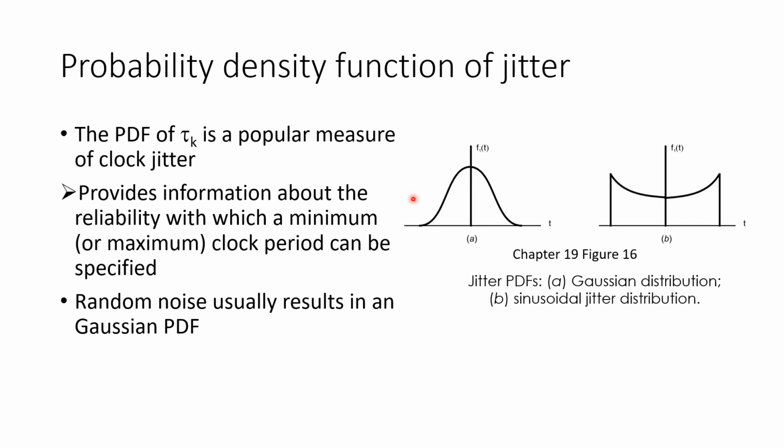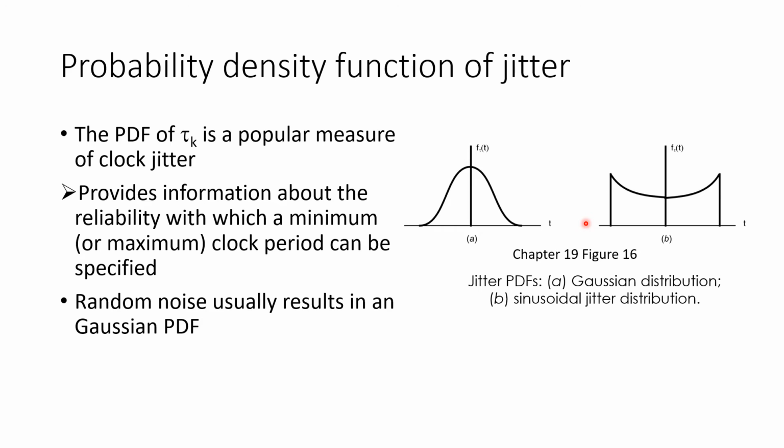So we would want to ensure that the tail of this distribution or the variance of this distribution is tight enough that we respect some minimum clock period for a huge fraction of the time. On the other hand, if the PDF is non-Gaussian, it may be quite limited. It may be much easier to ensure that the period respects some minimum value.